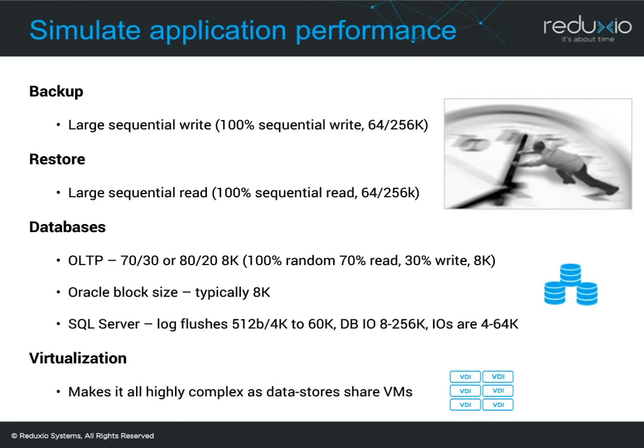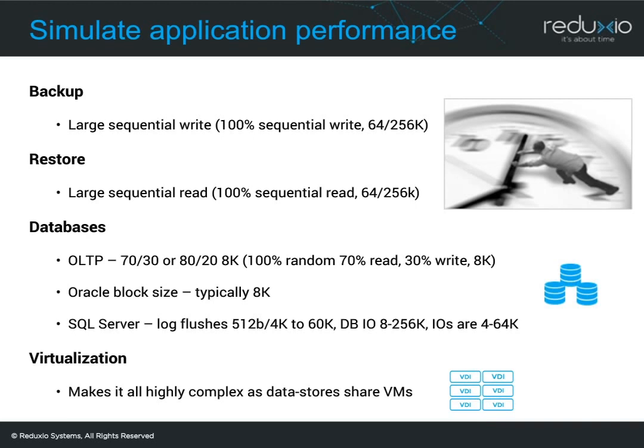So I would like to actually simulate real-life workloads that are running in the organization, which my system will have to withstand in production. Backup is typically a large sequential write. I will pick large I/O sizes. I will pick 100% sequential write in my storage benchmark utility configuration.